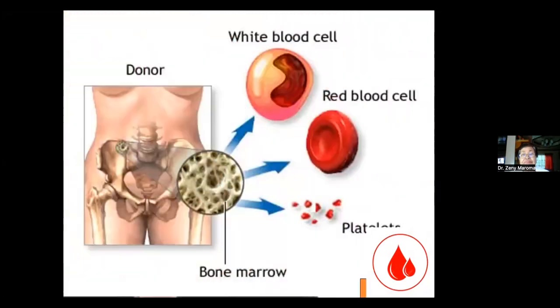Okay. Blood formation or the process of hemopoiesis or hematopoiesis occurs in the bone marrow. In the bone marrow of the flat bones, the pelvis, the ribs, the sternum, and end of the femur, and humerus in adult.